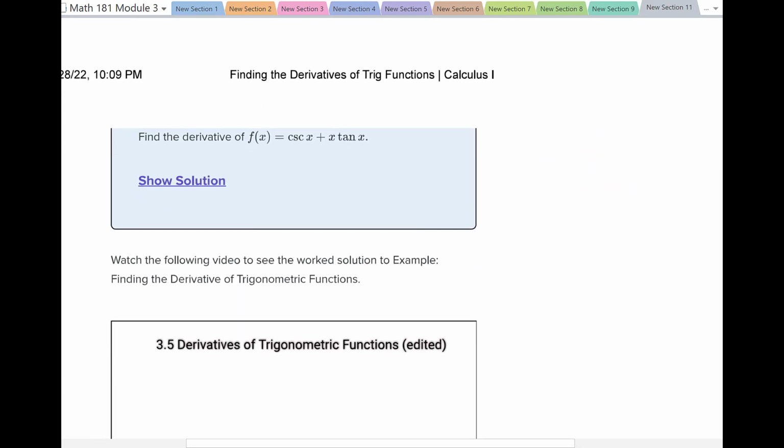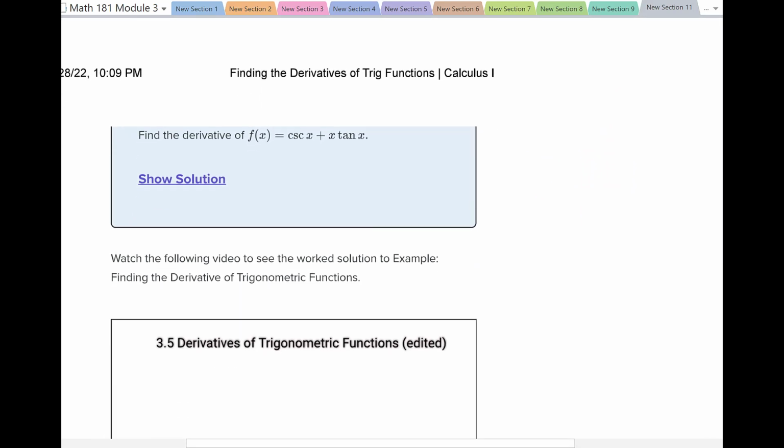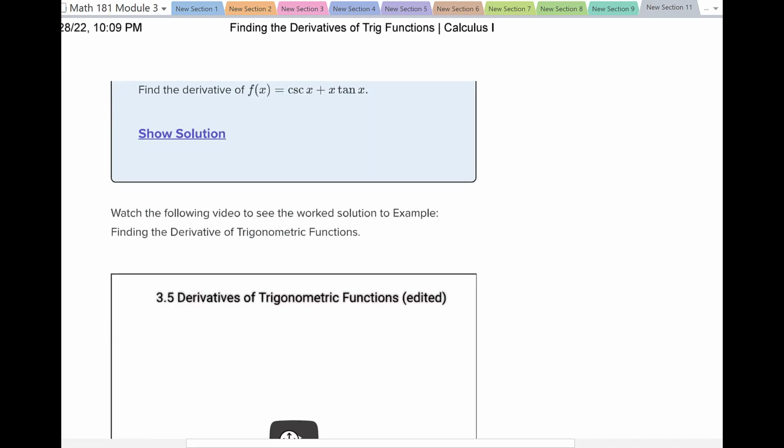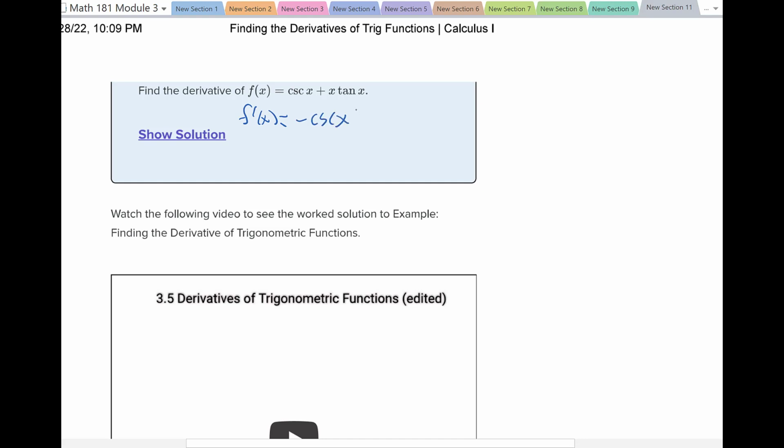Okay, find the derivative of cosecant x plus x tangent x. So we're going to use the product rule in the second part. So our derivative is going to be, derivative of cosecant x is negative cosecant x cotangent x, excuse me, plus, now the product rule, derivative of x is 1 times the tangent x, plus the derivative of tangent x is secant squared x.